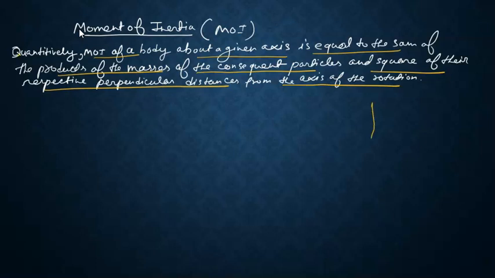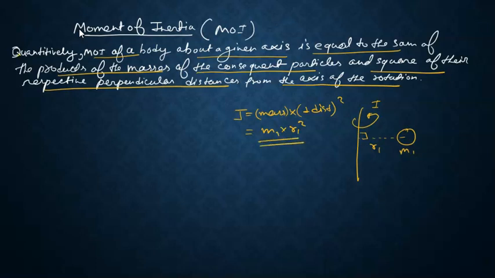So what it says, if we have an axis of rotation, let's say I, and a mass m1 at a perpendicular distance r1 from the axis of rotation, then the moment of inertia equals the mass times the square of the perpendicular distance, which in this case is m1 r1 square. So this is actually what the moment of inertia is.